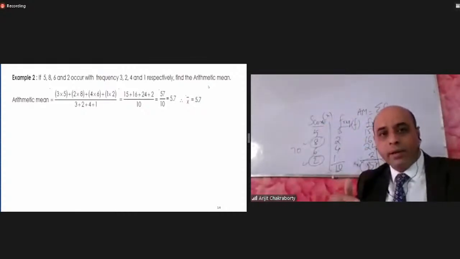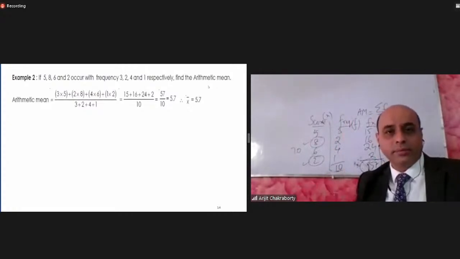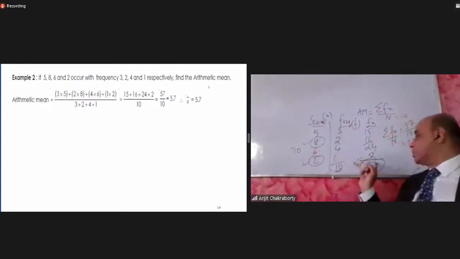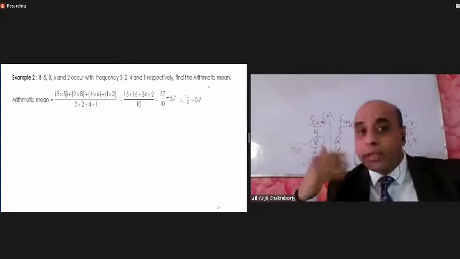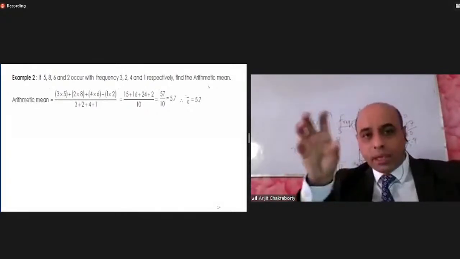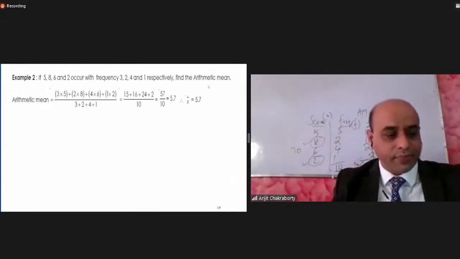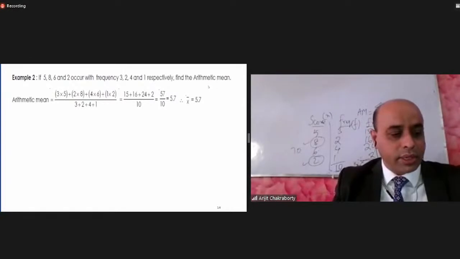Between 1 and 10, 5 is the center, exactly halfway. So the score of 5.7 shows the central tendency. That means the average will always be somewhere around the central part. That is called central tendency. Yes, 2 is an extreme score. Yes, rightly said.